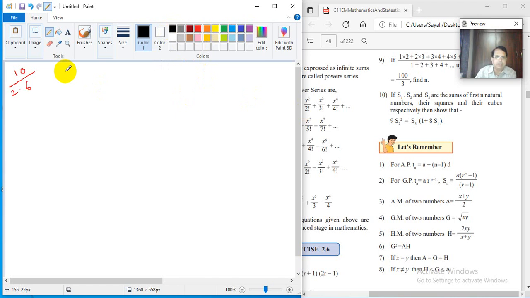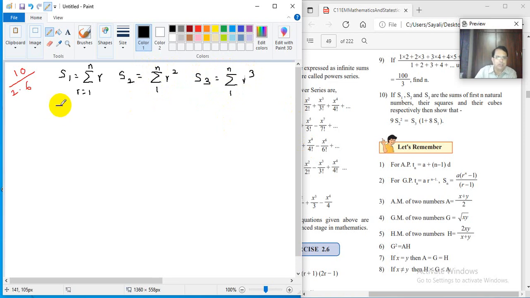See, what is S1? S1 is the sum of first n natural numbers, so this is summation R, R taking values from 1 to n. Then S2 is the sum of their squares, so it is summation R squared, 1 to n, and S3 is their cubes, summation R cube, 1 to n.